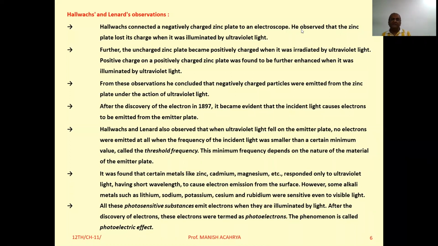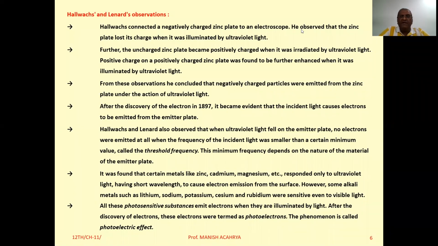Then they repeated this experiment with a neutral zinc plate. When the neutral zinc plate was illuminated by ultraviolet light, they observed that the zinc plate becomes positively charged.